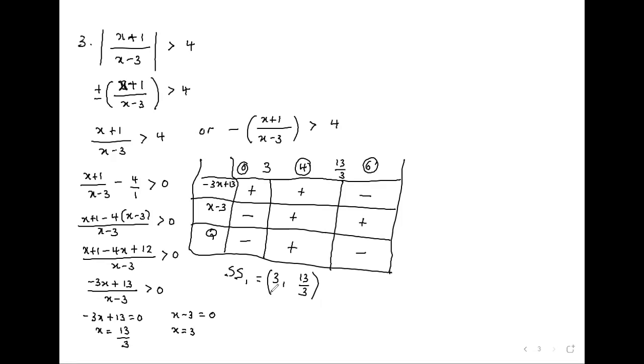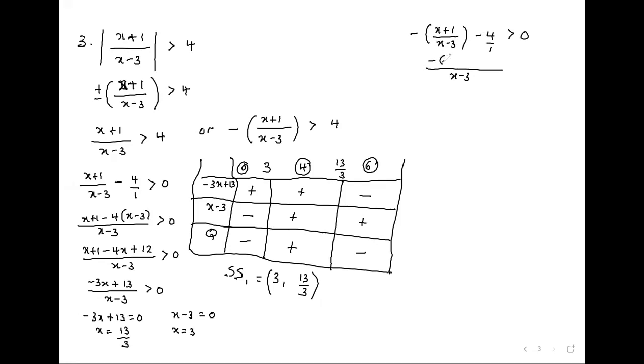Where we take the other side again. So this time around, remember we have a negative x plus 1 over x minus 3, and then minus 4 greater than 0. So 4 over 1. The common denominator is x minus 3 again.